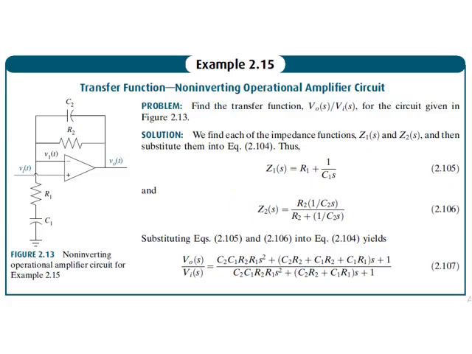Students, now we'll discuss an example for the non-inverting operational amplifier. In this example, we have to find the transfer function V0 of S over Vi of S. The first step in this solution will be to transform or replace the passive elements with their impedance in the S domain, and then we will use the transfer function from the last slide.